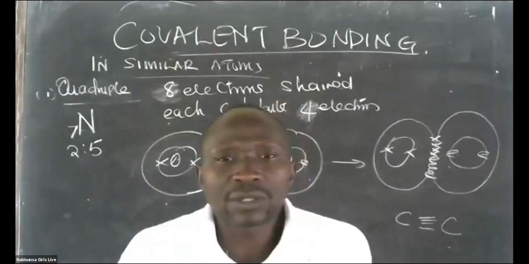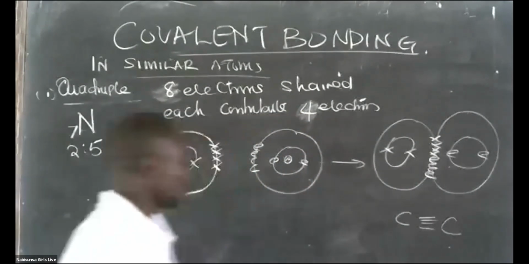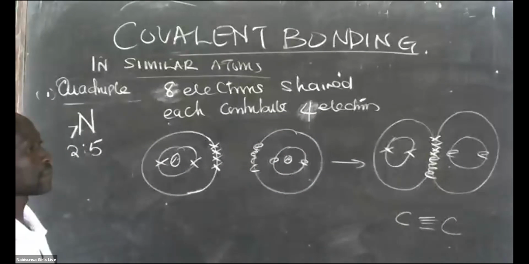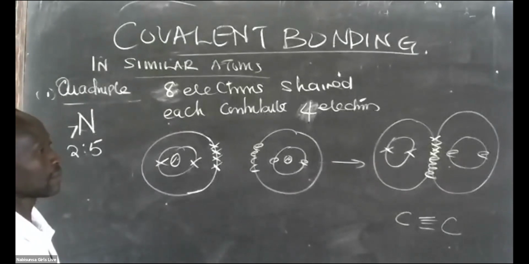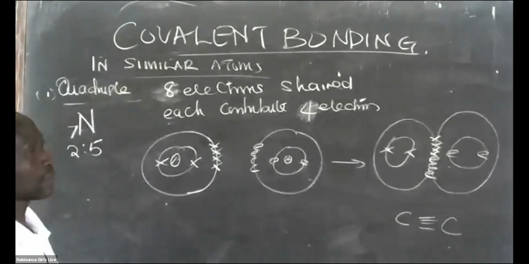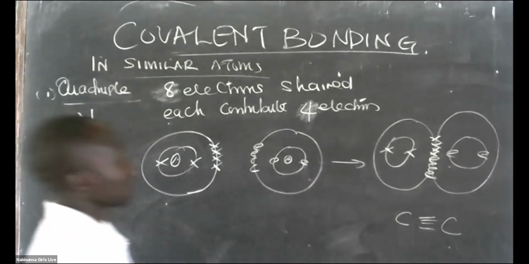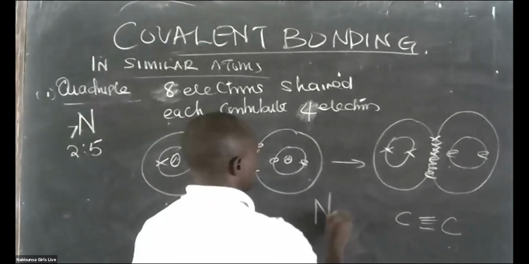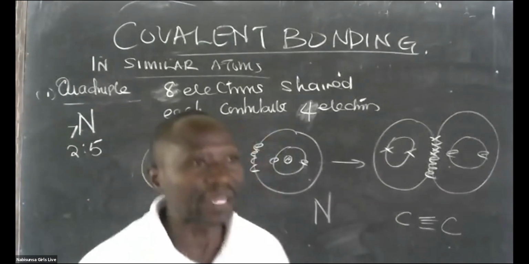Teacher, I was asking on nitrogen, if the electronic configuration is 2 to 5 and there are 3 electrons which are being shared, why do we write it as N2 instead of N3? N2 means there are 2 atoms.